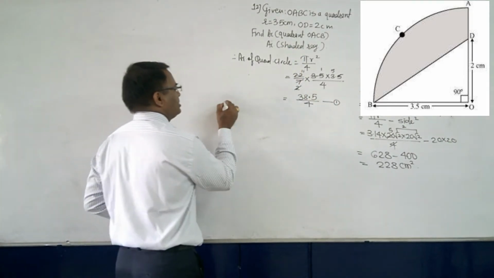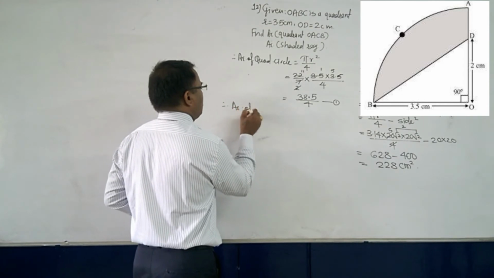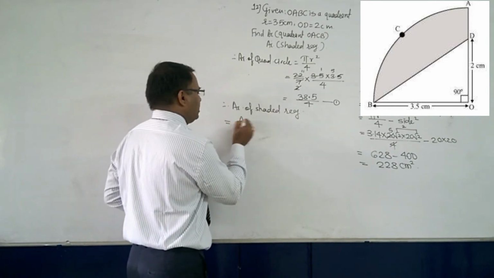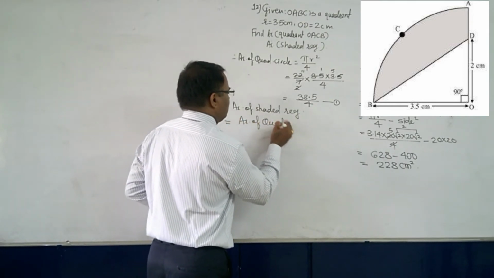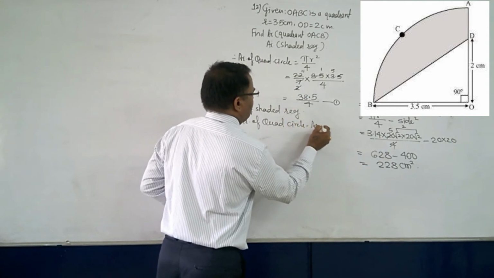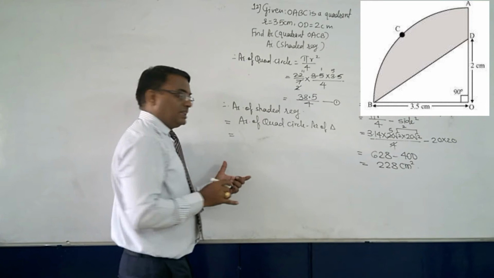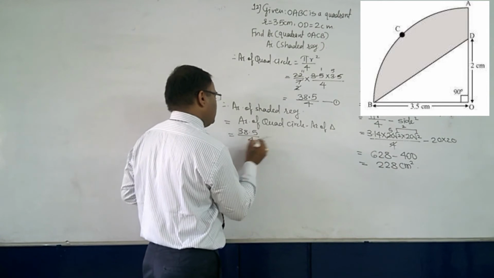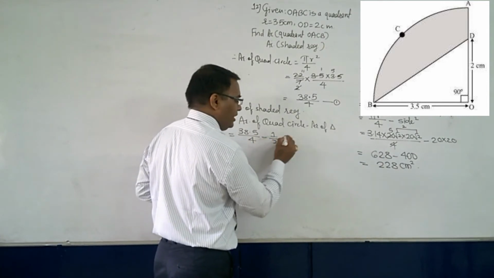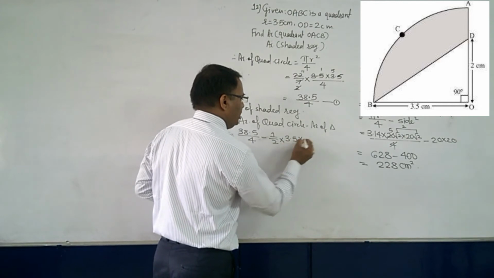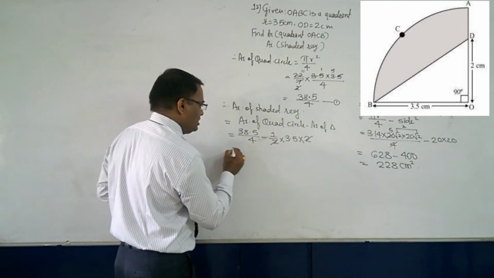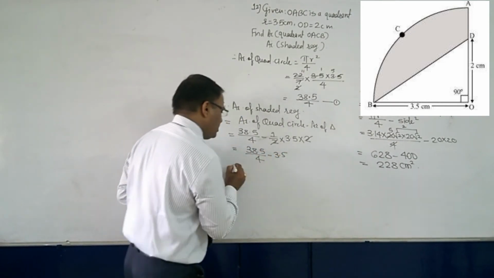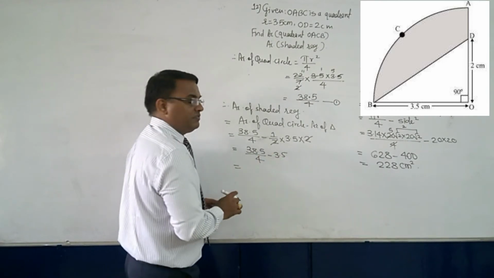Now the area of the shaded region. Okay. Therefore, area of shaded region is nothing but area of quadrant circle minus area of triangle, which is area of quadrant circle, as we got 38.5 divided by 4, minus half, 1 by 2, into base into height. This and this will get cancelled. So 38.5 divided by 4 minus 3.5, which will give you 4 into 3.5.